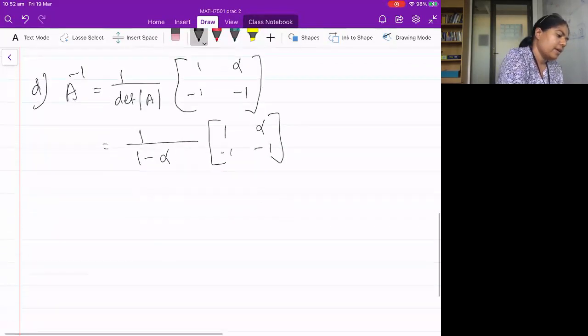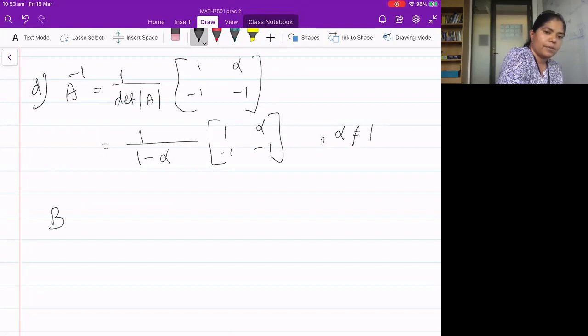Here we are given alpha is not 1. The question is for what values of beta does B equal A inverse?